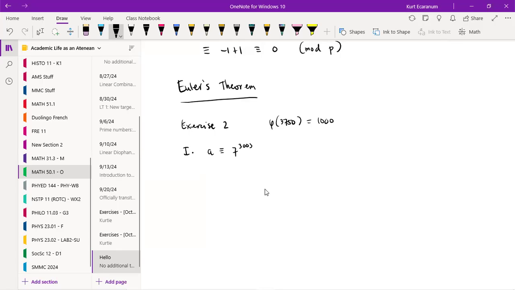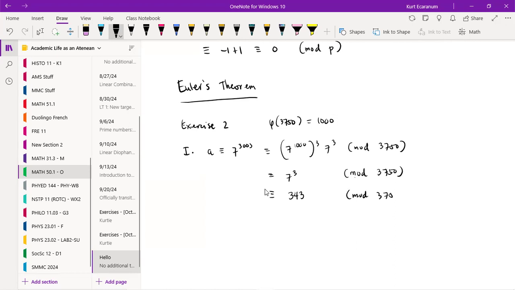But by Euler's theorem, since we are in modulo 3750, this is just the same as 7 to the 1000 cubed times 7 cubed, modulo 3750. And this is congruent to 7 cubed, which is congruent to 343.